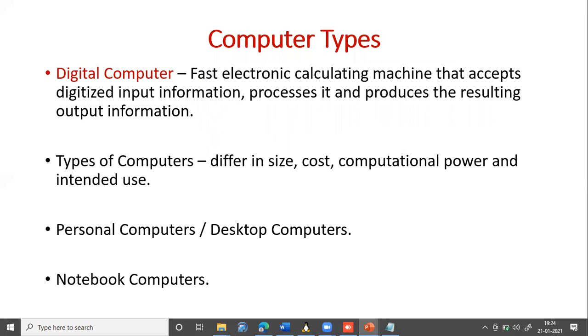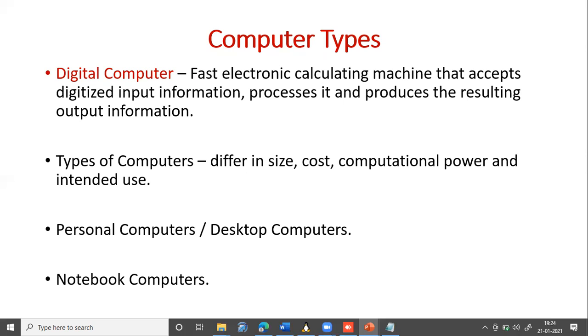The first type of computer is the personal computer or the desktop computer, which we use in our day-to-day life, which has a CPU box, and inside the CPU box there will be the processor which is connected to the motherboard, and inside that there will be hard disks.